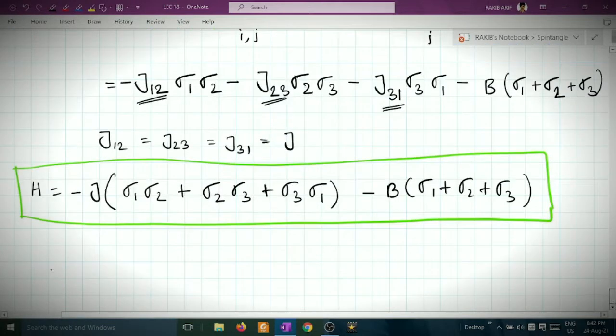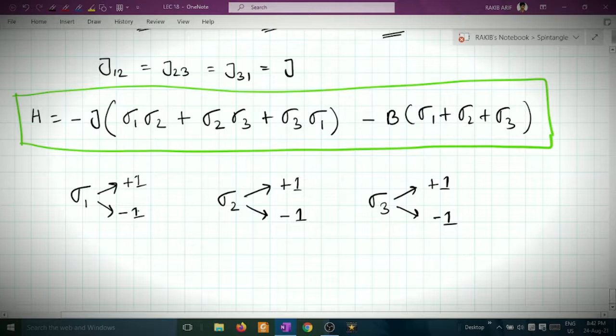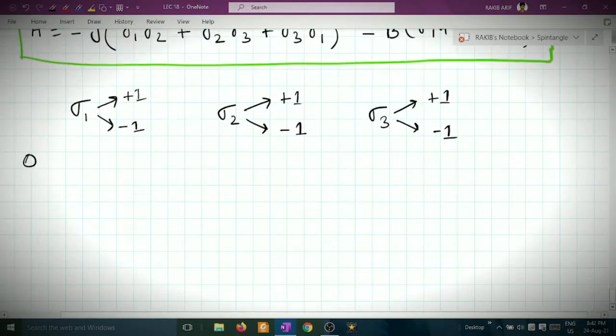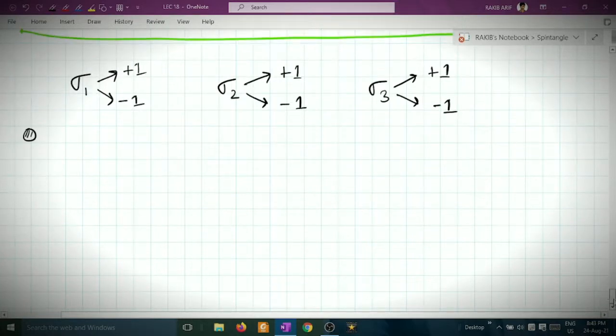That means sigma_1 can take values plus 1 and minus 1, similarly sigma_2 also can take plus 1 and minus 1, and in the same way sigma_3 can take plus 1 and minus 1. So these are the combinations. Before making the table, make sure the Hamiltonian is visible to you, otherwise you cannot construct this.